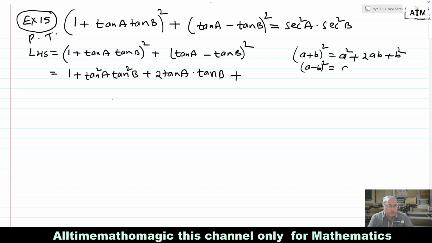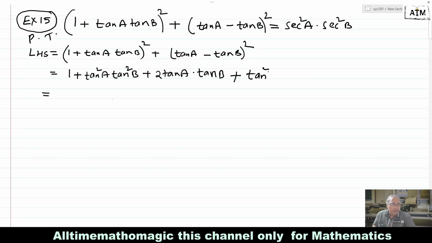A minus B whole square equals A square minus 2AB plus B square. Therefore tan square A minus 2 tan A tan B plus tan square B.